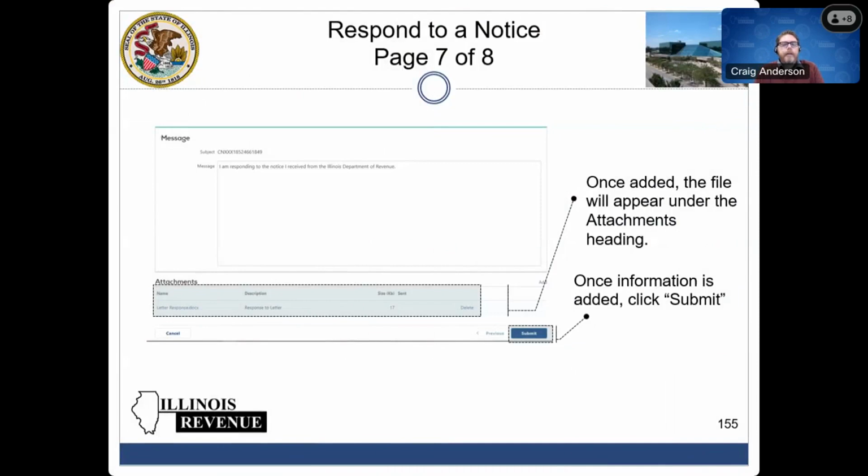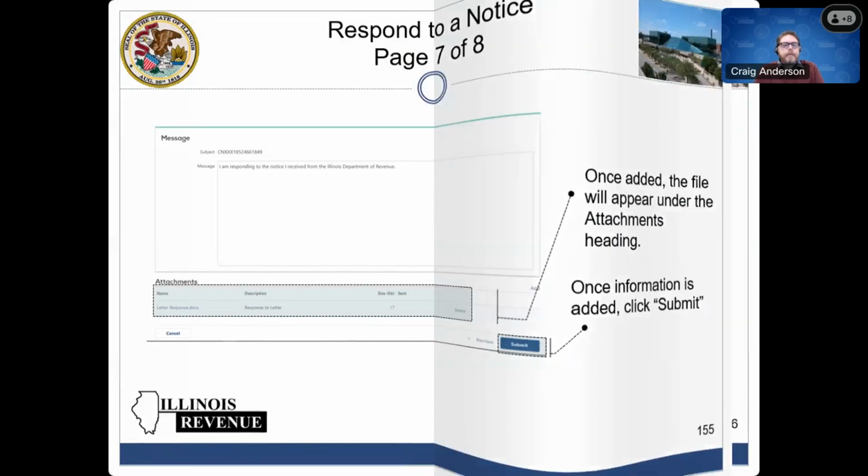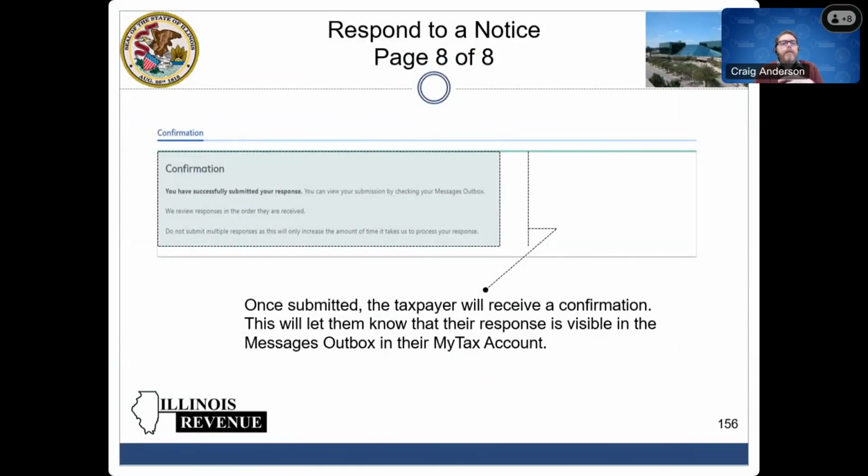Once you click submit, it will give you a confirmation. It's not the same confirmation like if you're filing a return. This is more just confirmation because this is seen more as like sending us an email versus submitting a tax return request. So if you want to see that information, it will be in the messages outbox.